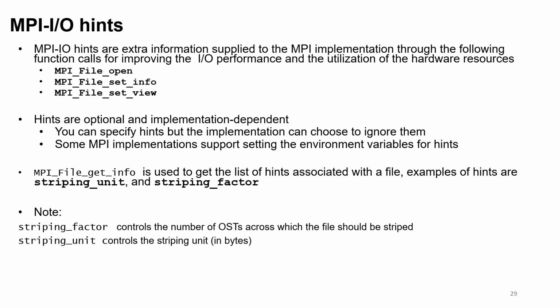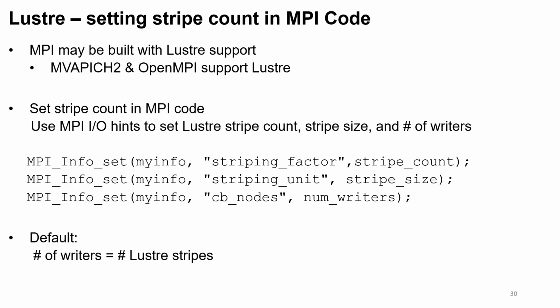The MPI_File_get_info function can be used for getting the list of hints that are associated with the file. Please note that for these hints to work, an MPI library should be built with Lustre support. For example, MVAPICH2 or OpenMPI implementations support the hints.